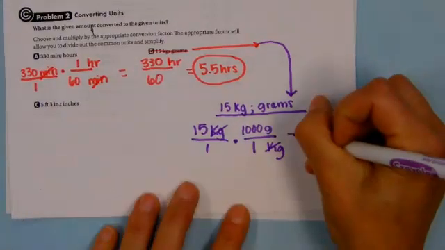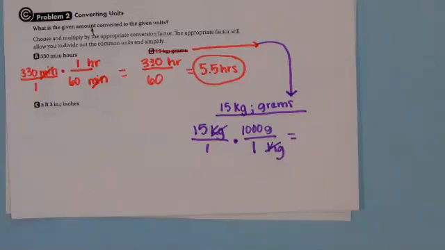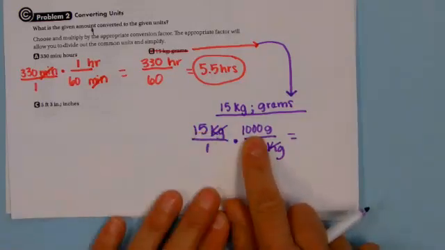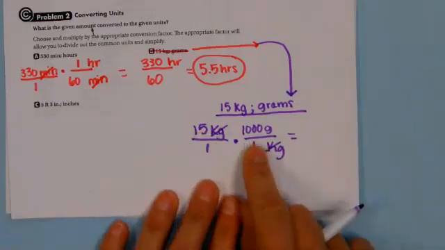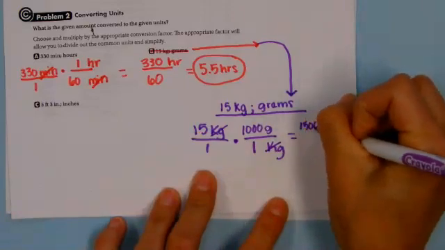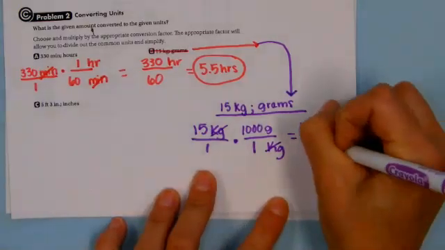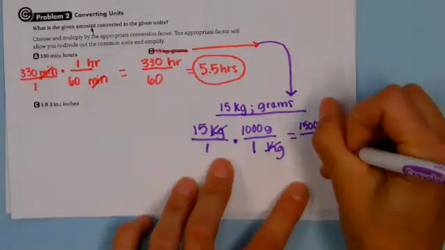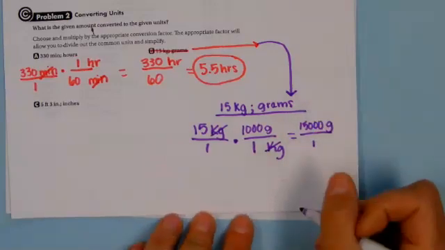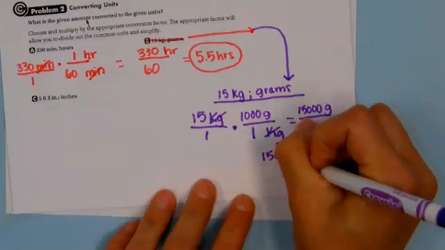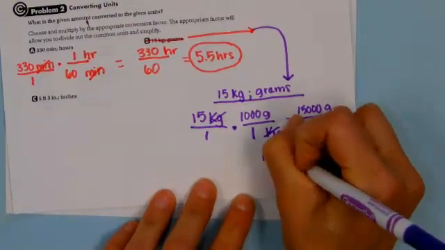So if we do this like multiplying fractions, 15 times 1,000, top times top, is 15,000. And now we have grams. What's 1 times 1 for the bottom? And what's 15,000 divided by 1? So we end with 15,000 grams as our final answer.